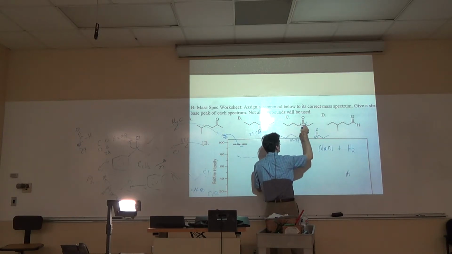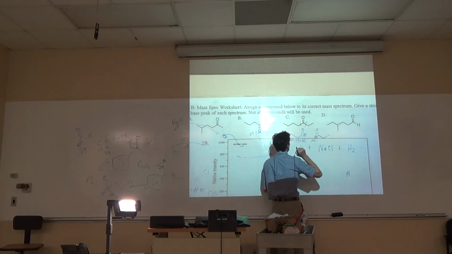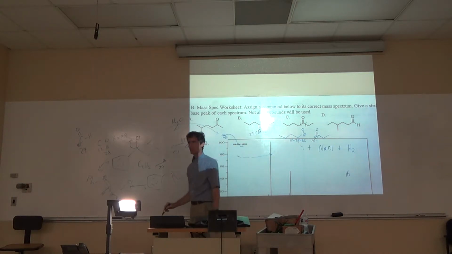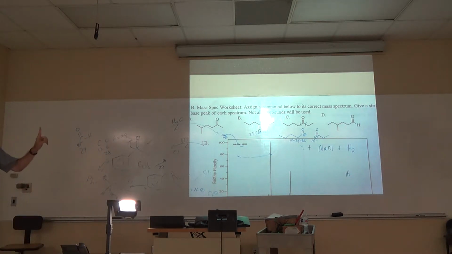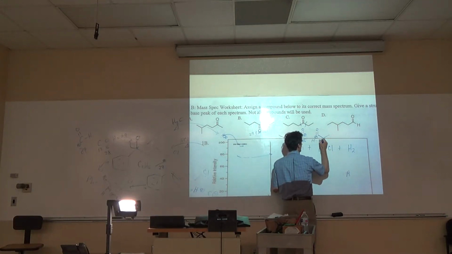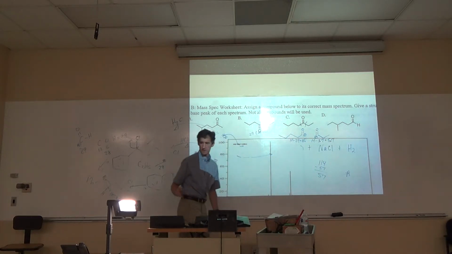1, 2, 3, 4. That's 48. And then 2, 4, 6, and 9, that's 57. M minus 57 equals what? 114 minus 57 is 57. I expect 85 and 57.